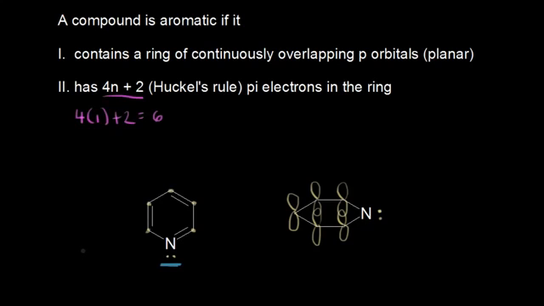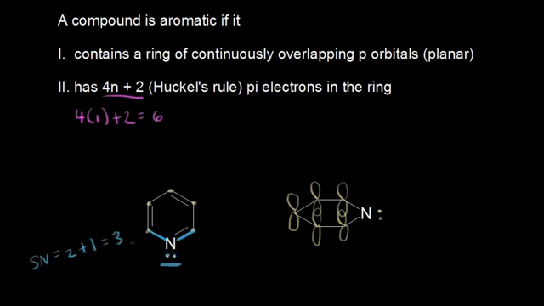The steric number is equal to the number of sigma bonds plus the number of lone pairs of electrons. So watch an earlier video if you'd like to see how to do steric number in more detail. We could say this is a sigma bond, this is a sigma bond, and then there's one pair of electrons on that nitrogen. So the steric number is equal to the number of sigma bonds, which is 2, plus the number of lone pairs of electrons, which is 1.